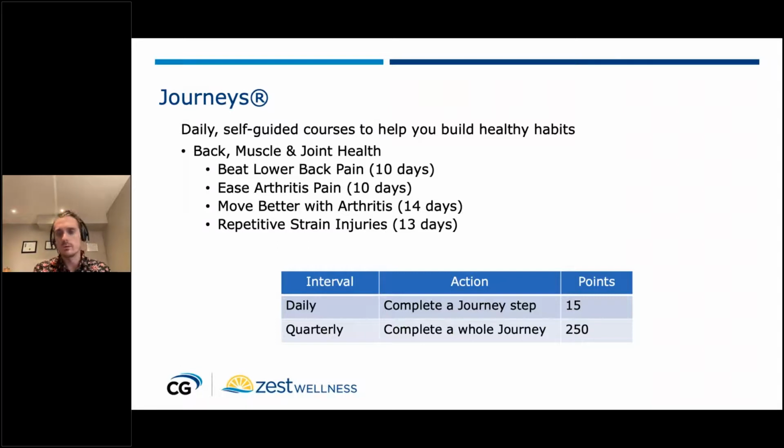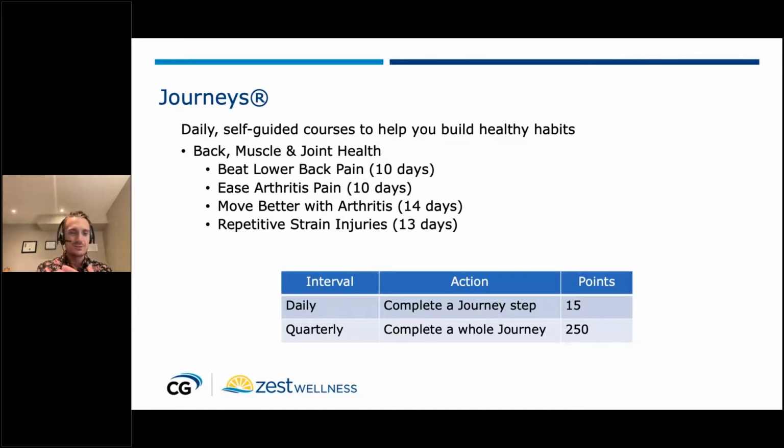So you complete one tip per day. And you can see that there's a number of amazing topics on back, muscle, and joint health. Things like beating lower back pain, easing arthritis pain, moving better with arthritis, and then repetitive strain injuries, RSIs.